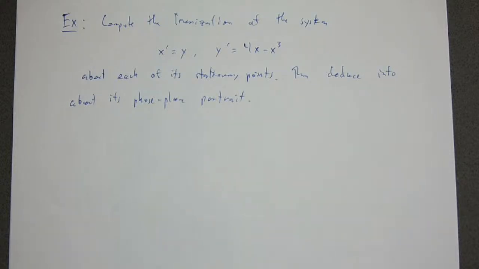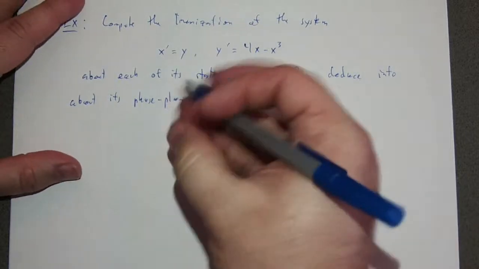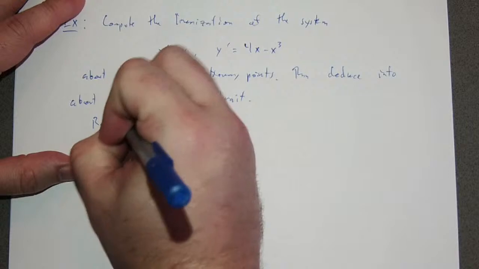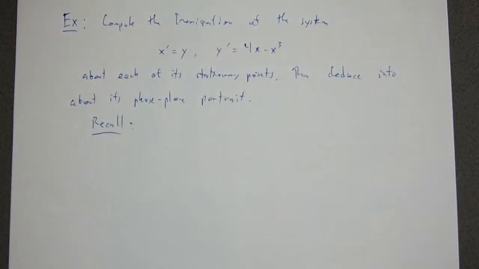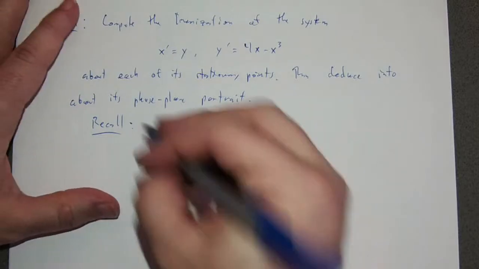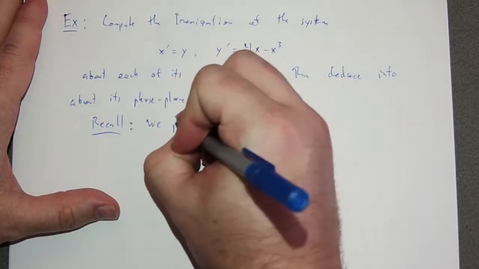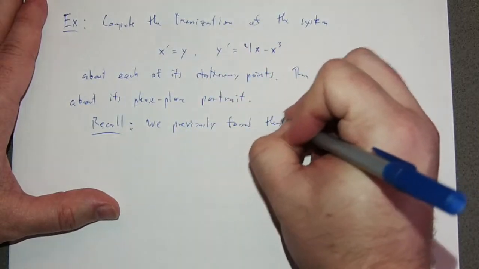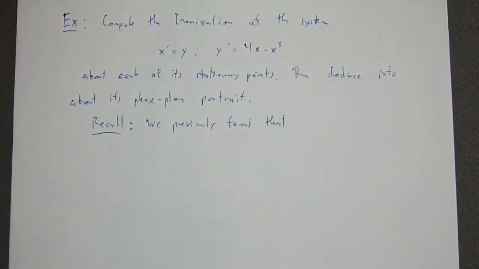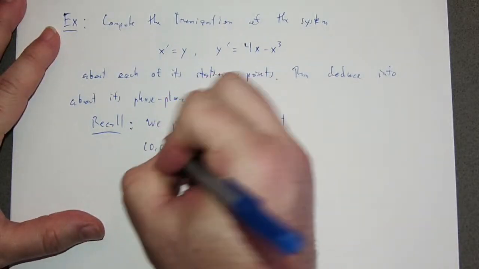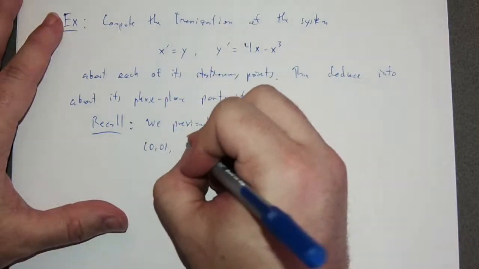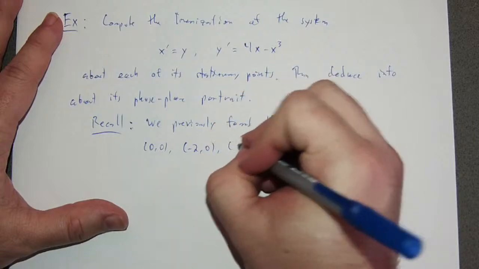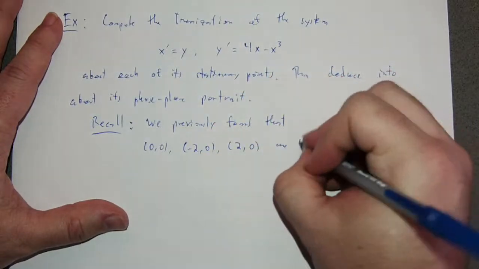Okay. So first of all, what are the stationary points? Recall, we have already computed stationary points to this thing. We previously found that this thing has stationary points 0, 0, minus 2, 0, and 2, 0.